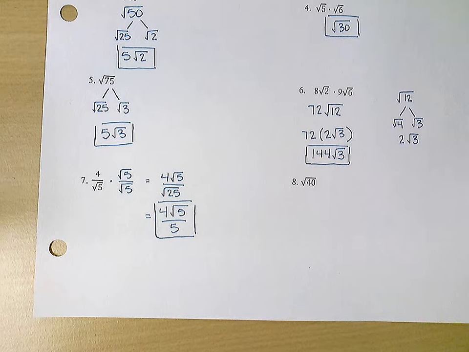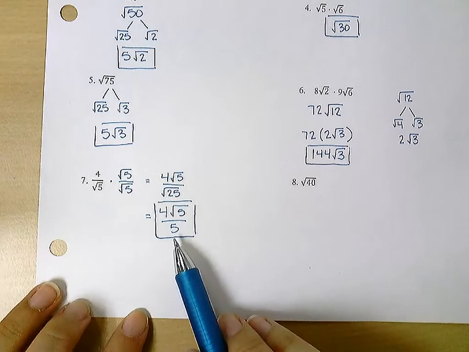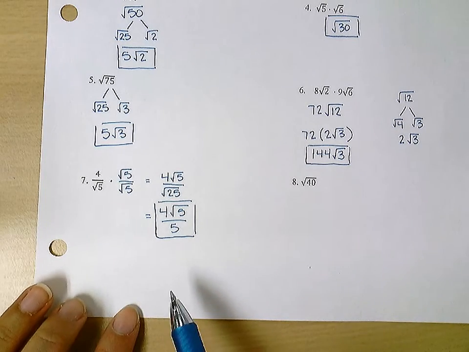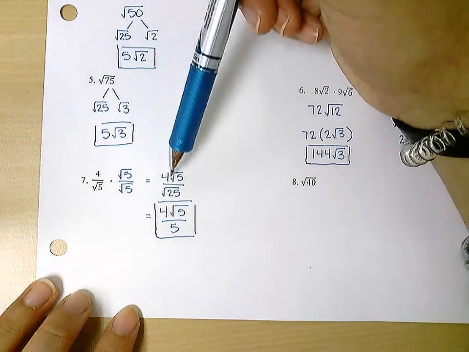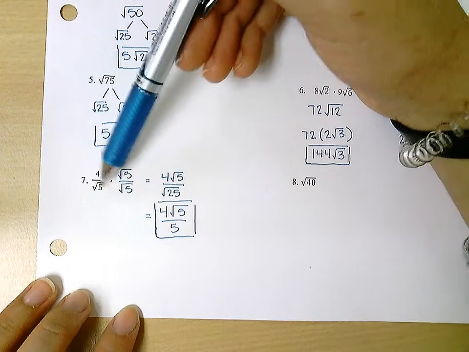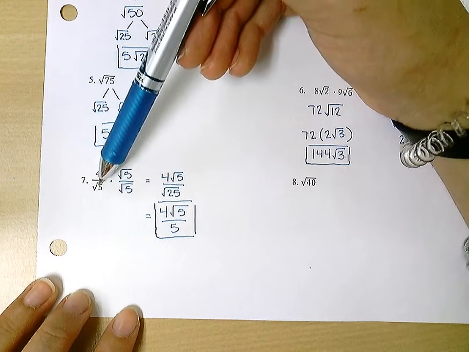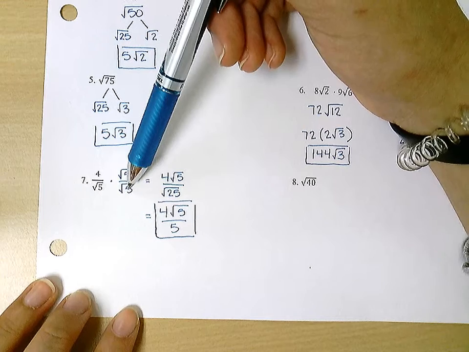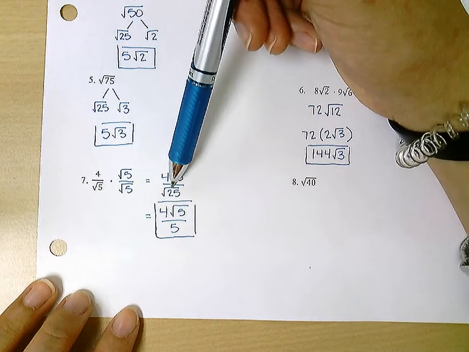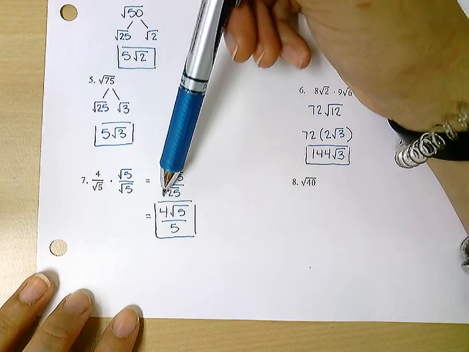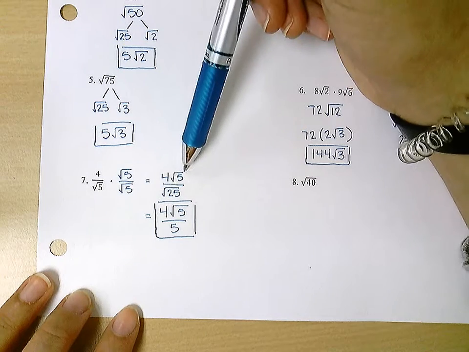Wait, if you square root 25, it's 5. Yeah, so once you do 4 times 5, it'll be like 20 over. Because when I'm multiplying right here, I'm multiplying my 5s in the denominator, so it stays in the denominator. So I have the square root of 25 in the denominator, not the numerator.